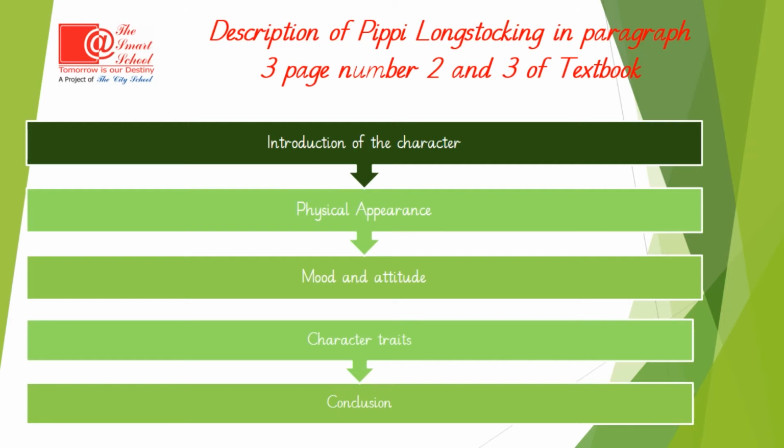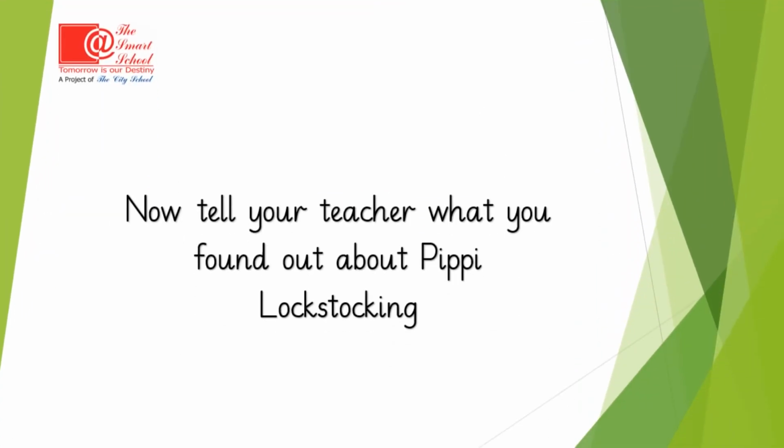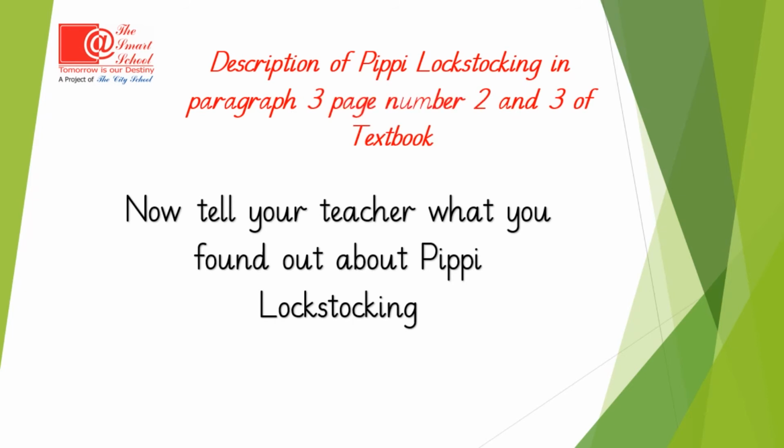Now take 5 or 10 minutes to come up with these descriptions of Pippi Longstocking from paragraph 3. Open your textbook page number 2 and 3. You may pause the video here. Now pause the video again and tell your teacher what information you found out about Pippi Longstocking from paragraph 3.